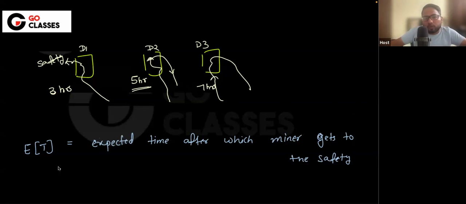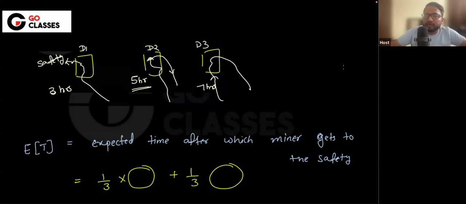So what should it be? If he chooses door one with 1 by 3 probability, then after how much time will he reach safety? If he chooses door 2, then after how much time does he reach safety? If he chooses door 3, then after how much time does he reach safety? So you need to write all of these three numbers. So what is this first number?